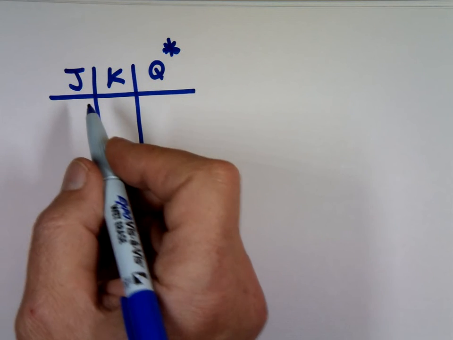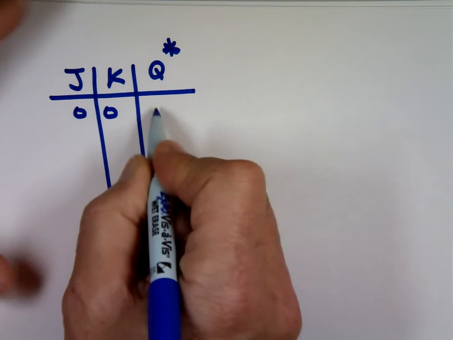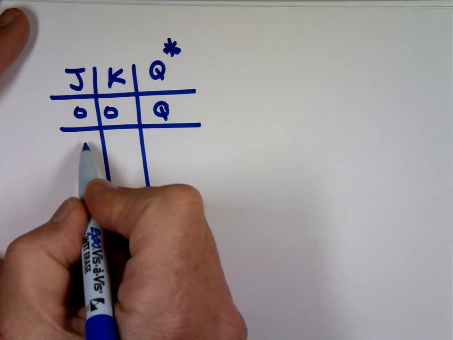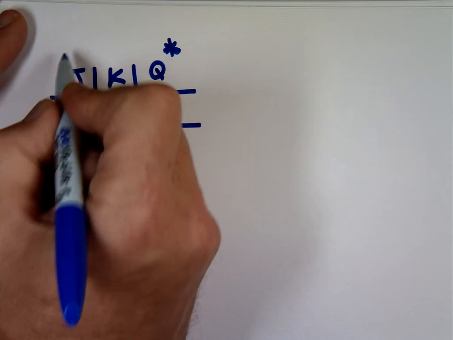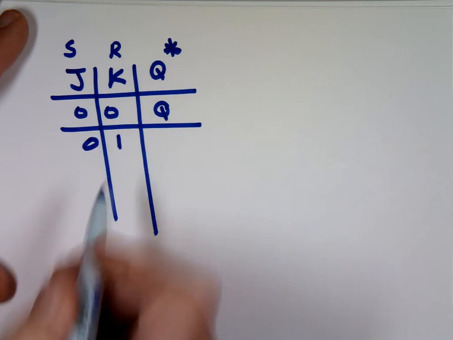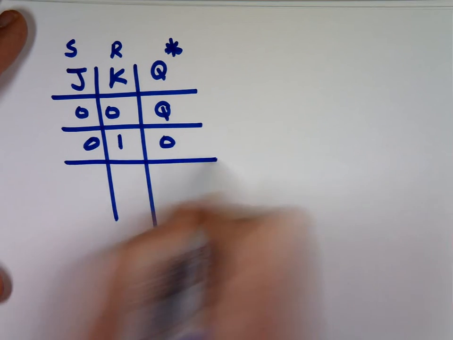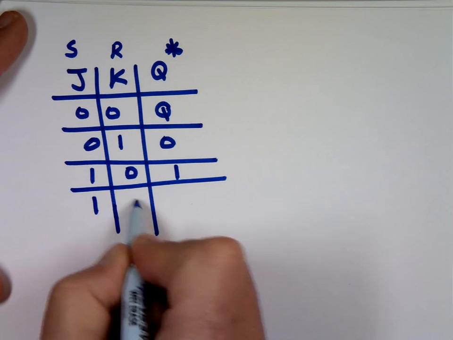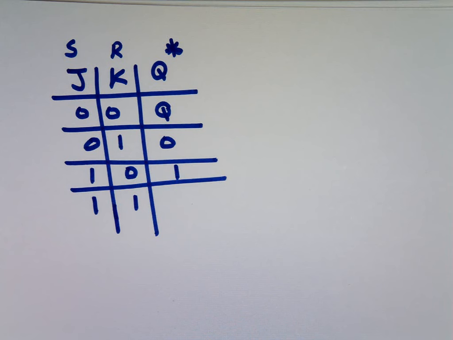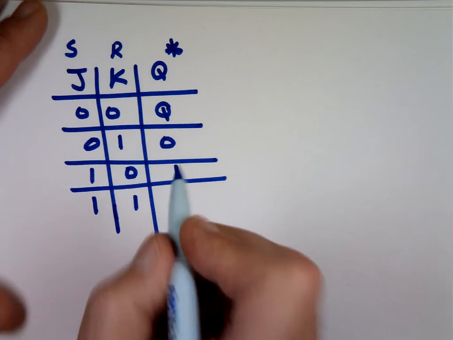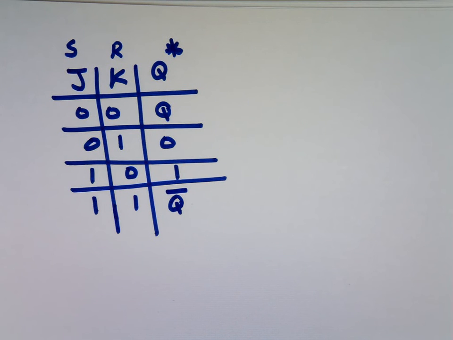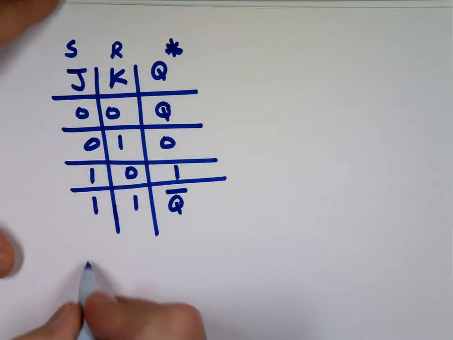JK flip-flop, just like the SR. If you put 0, 0, the next state stays the same. If you put 0, 1, this is SR basically, that's a reset. If you put 1, 0, that's a set. And there's the difference. If you put 1 and 1 with SR, you're not allowed to have that. With the JK flip-flop, it says no problem, you can have that. And the result will be the complement of the previous state. The complement. That's called JK flip-flop.